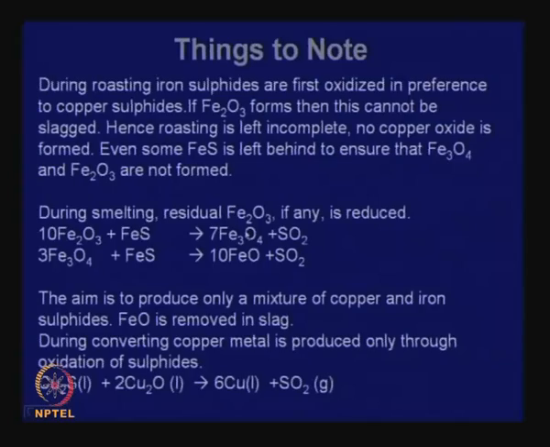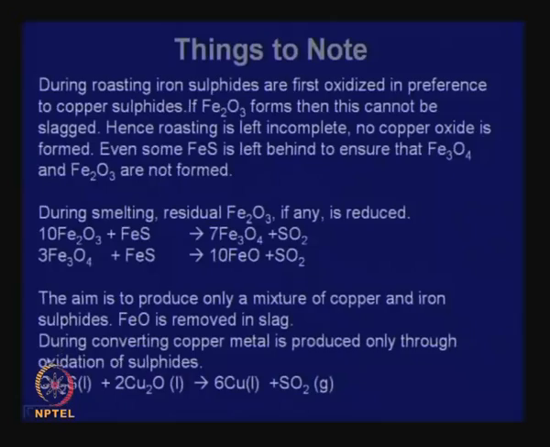In the smelting process, residual FeS will ensure that Fe2O3 and Fe3O4 form FeO, that is slagged off. Then we are left with the matte which will go for the converting step, where in a converter oxygen will be blown to oxidize iron sulphide to the FeO stage, and it is slagged off. And once copper starts getting oxidized, once it forms Cu2O, these two will react and it will produce copper straight away.